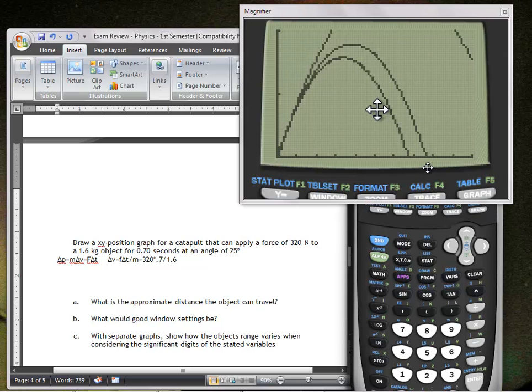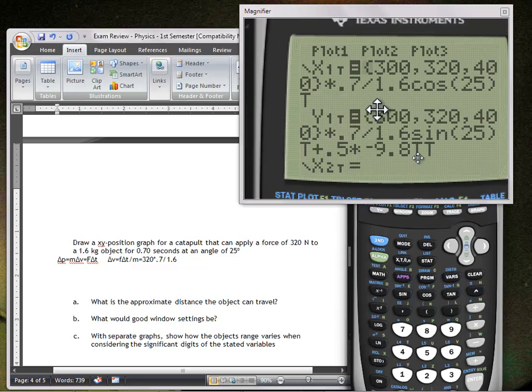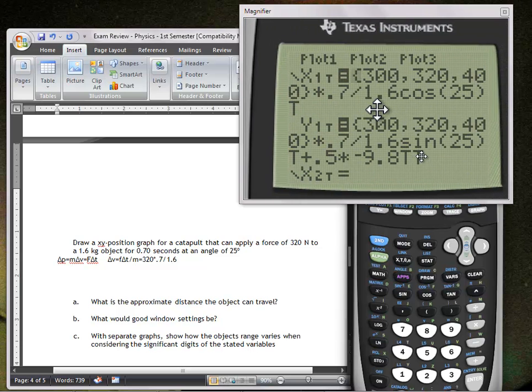Let's pretend instead that maybe that zero was significant, and that 320 was my best guess, as opposed to maybe 319 versus 321. If we go to our y equals screen, we can adjust our range a little bit.